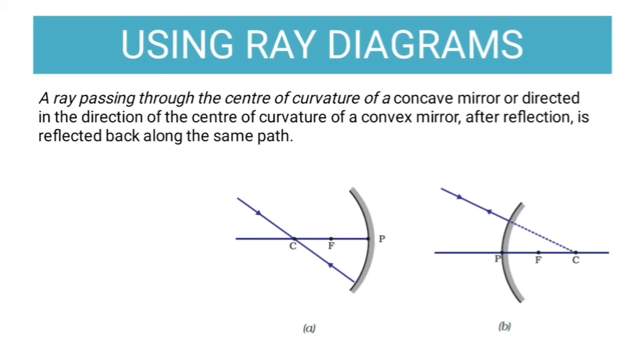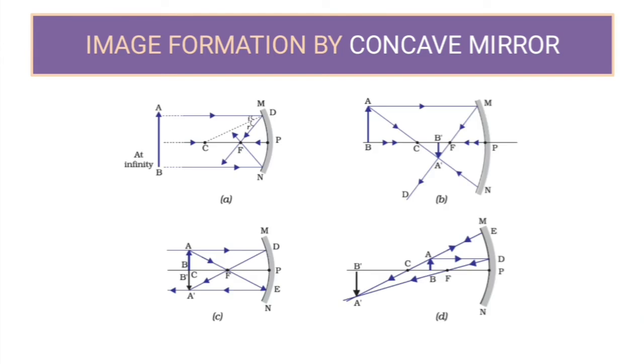Now we will see image formation by a concave mirror. So these are the different cases. Here you will see that the object is at infinity, and after reflection from the concave mirror the rays pass through the focus. Then this is case number 2, where the object is beyond the center of curvature and the image is forming between the center of curvature and focus.